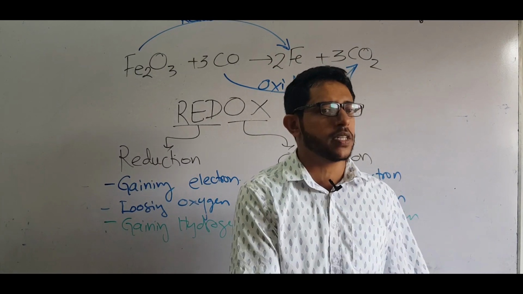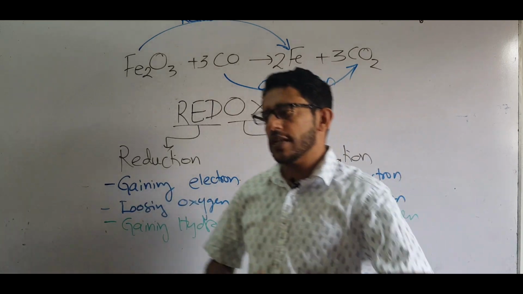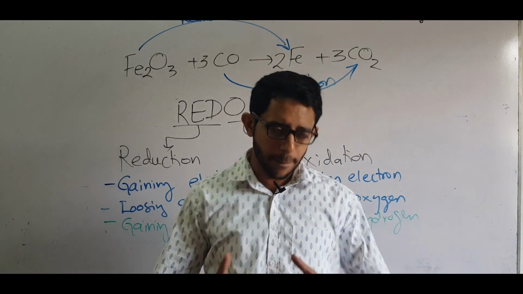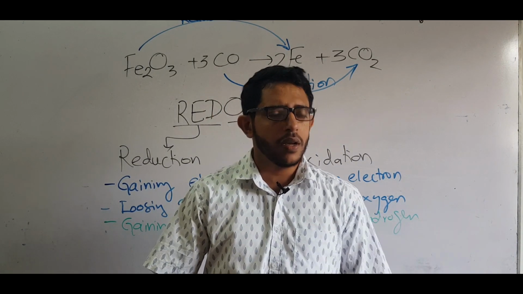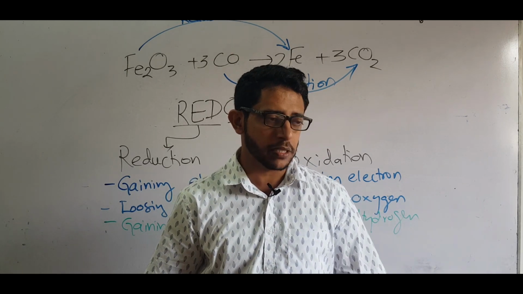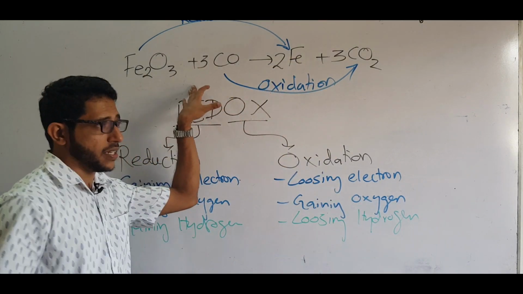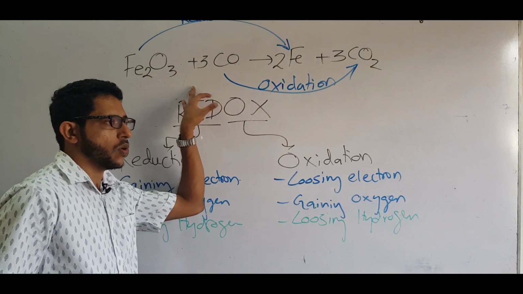Iron is the one which is reduced, carbon is the one which gets oxidized. So oxidation and reduction you can simply say for a compound as well, but the correct way is using it for an element. MCQs have tested this sometimes as well, so it should be referred to an element, right.